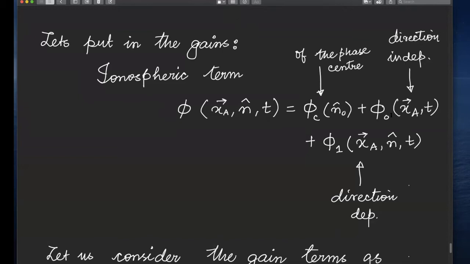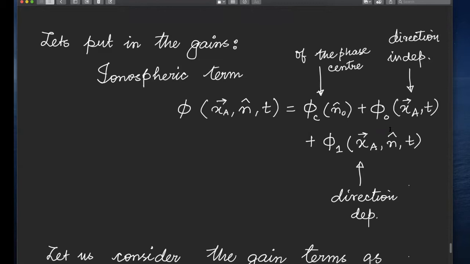Then I have another term which changes from antenna to antenna. Different antennas see different parts of the ionosphere because they are physically at different places. So that can change from place to place. So it's a function of x, A. But it is a term which doesn't change if you look at different directions within your field of view.